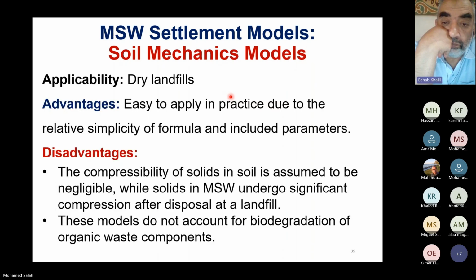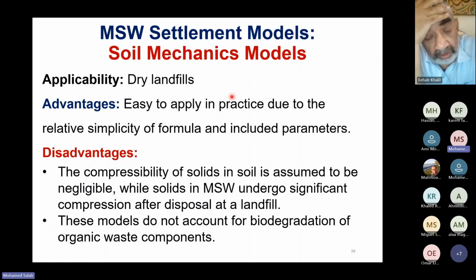So what is the extent of applicability of soil mechanics models? It can be used in dry landfills, and it has a great advantage that it's very easy to apply in practice because all of us as geotechnical engineers are very familiar with soil mechanics models and the different parameters. However, the disadvantage is that this model assumes that the compressibility of solids in waste is negligible, which can be applicable in soil but cannot be applied to waste.